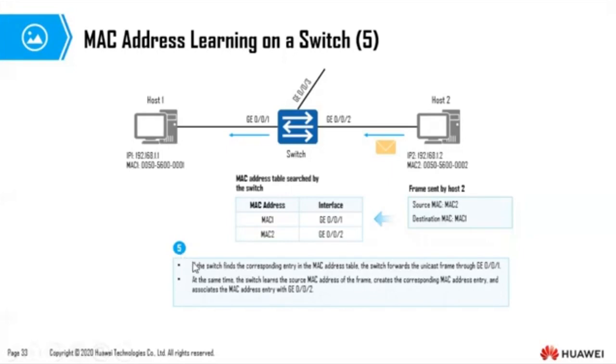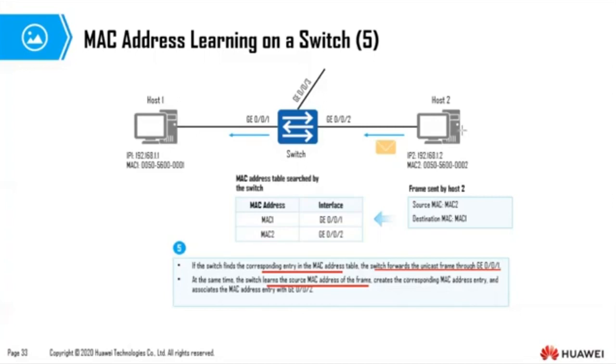Here, if the switch finds the corresponding entry in the MAC address table, then the switch will forward the unicast frame through G0001. At the same time, the switch will update its MAC address table and create a corresponding MAC address entry and associate it with G002 for host 2.